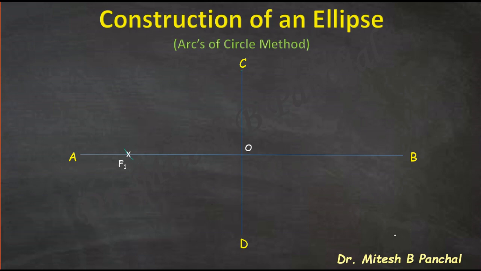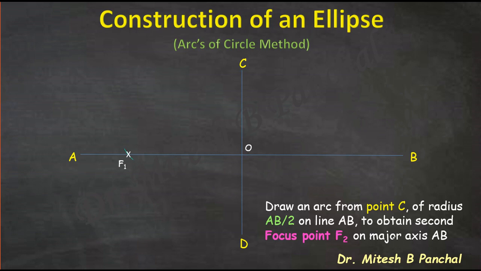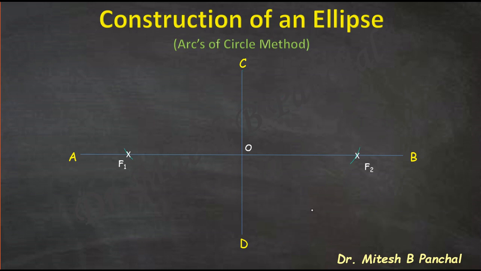In a similar way on the other side, also draw an arc from point C at radius AB by 2 to obtain the second focus point F2 on major axis AB, right? So we have already seen how to obtain F1, F2 from the given data AB and CD. So now we have obtained F1 and F2. So three data are obtained here: AB, CD and F1, F2.